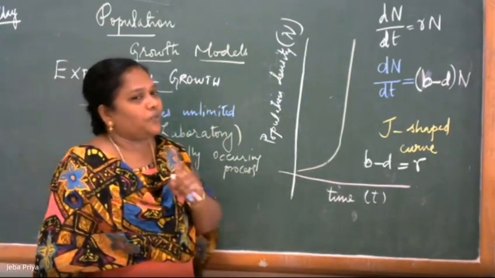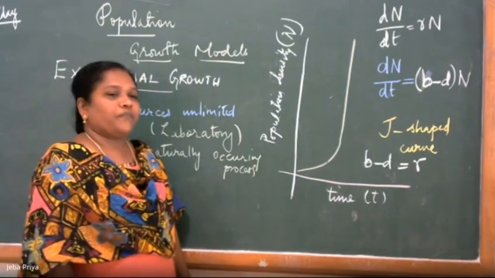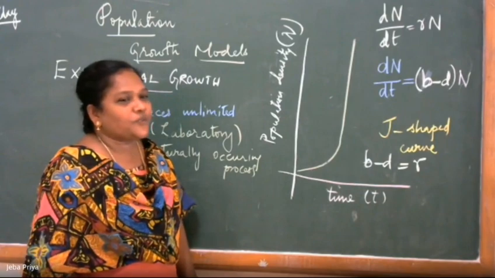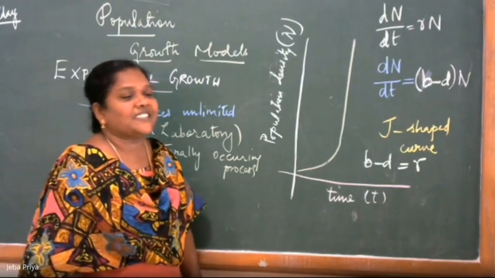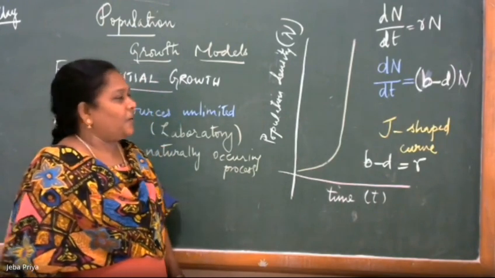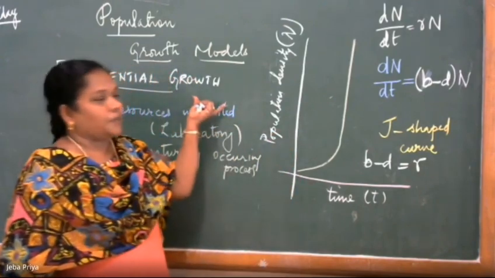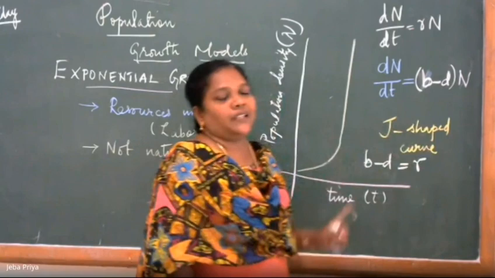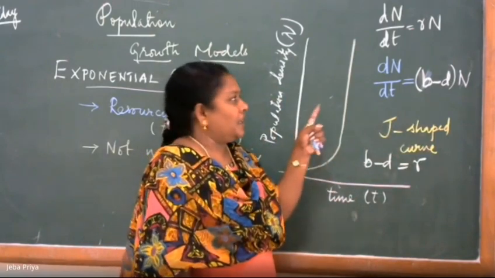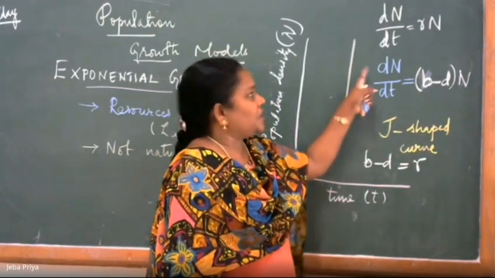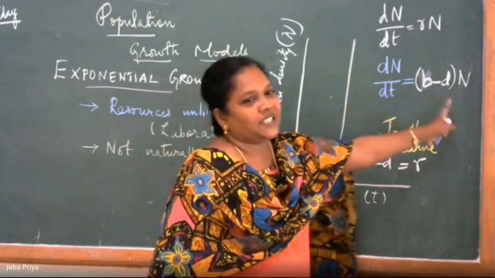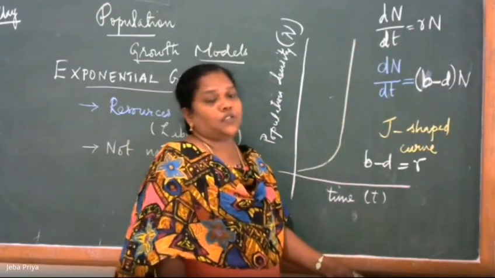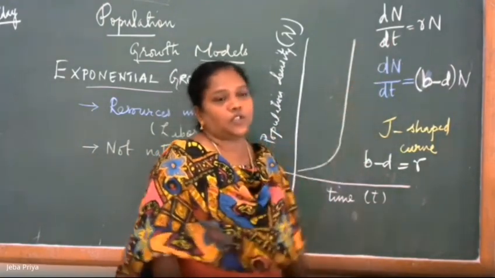This was observed by a person called Charles Darwin. Who is Charles Darwin? Origin of Species, survival of the fittest. You would have learned the concept, right? He also accepted this exponential growth curve. This curve is otherwise called the J-shaped curve, and it is given by the calculus representation dN by dt is equal to (b minus d) into N, where b minus d gives the rate of natural increase r, so dN by dt is equal to rN.